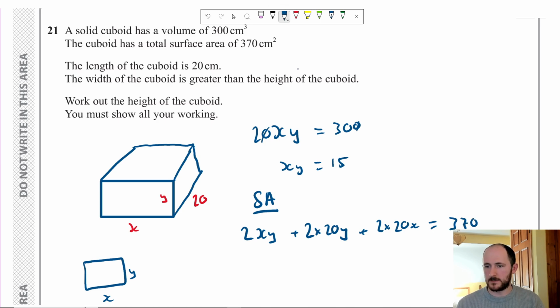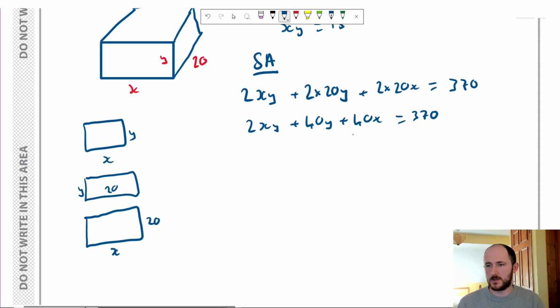So let's simplify this briefly. We've got 2xy plus 40y plus 40x equals 370. I'm going to divide everything by 2, so we get xy plus 20y plus 20x equals 185.